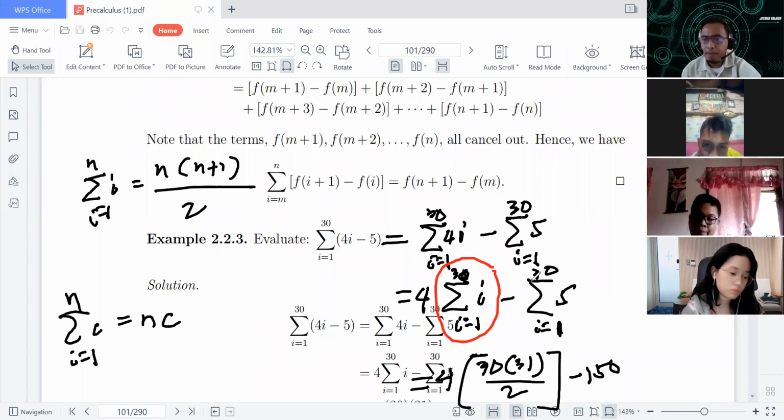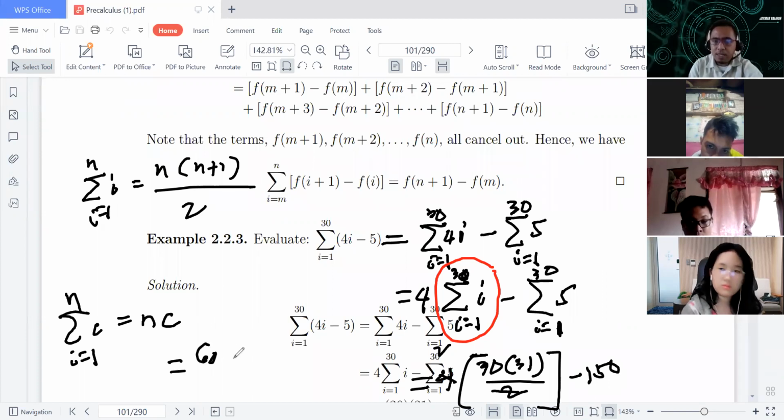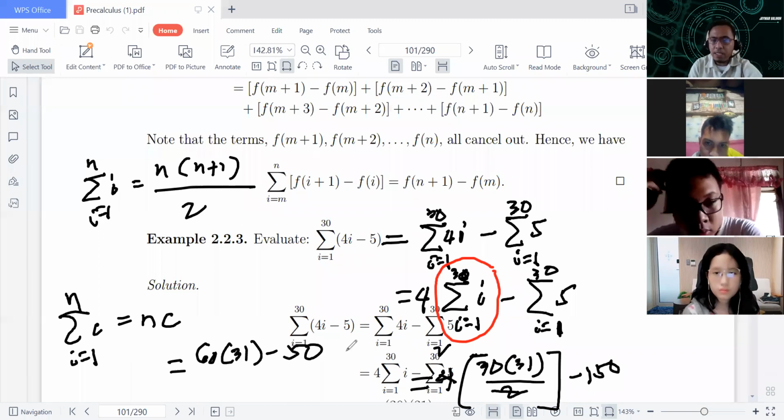Then you simplify it. The 2 will be reduced, and 30 divided by 2 is 15, so it will be 4 times 15, which is 60, times 31, minus 150. How much is 60 times 31?